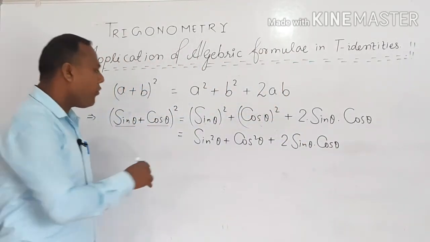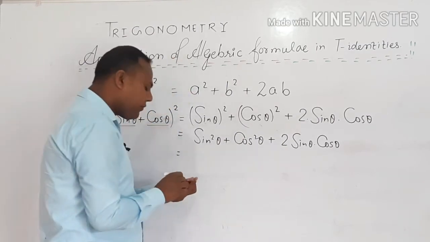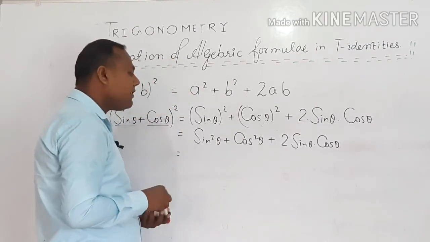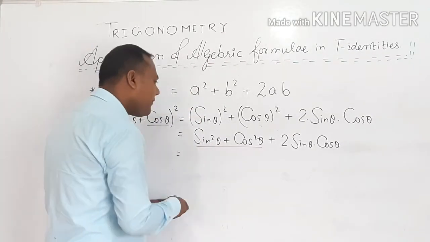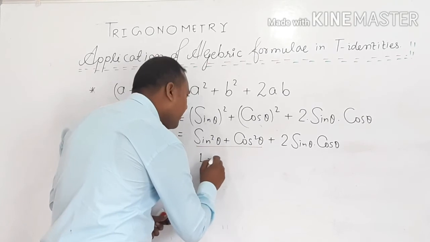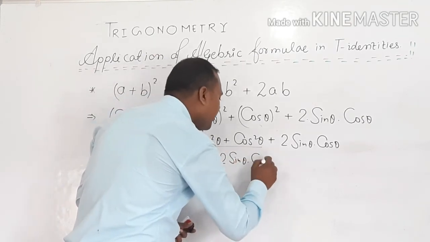We already studied that sine square theta plus cos square theta means 1. So we can say 1 plus twice of sine of theta into cos of theta.